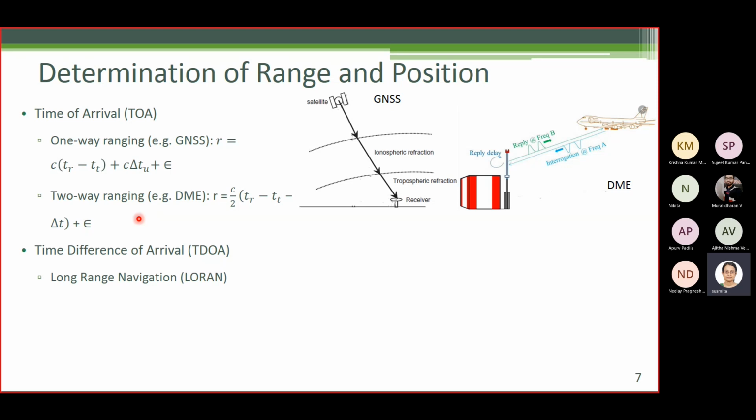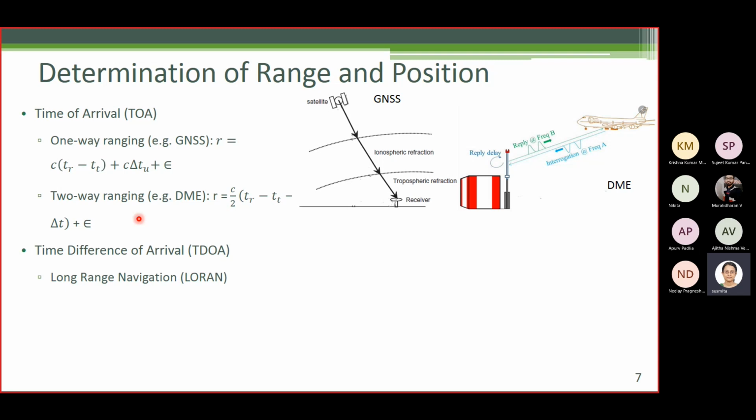LORAN is used in aircraft as well as in ships. Here the approach is different. Instead of getting range measurements, we are interested in range difference measurements in case of LORAN.